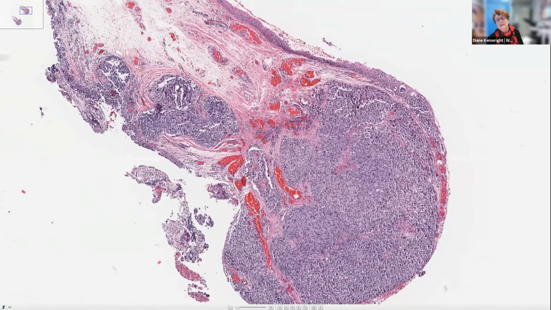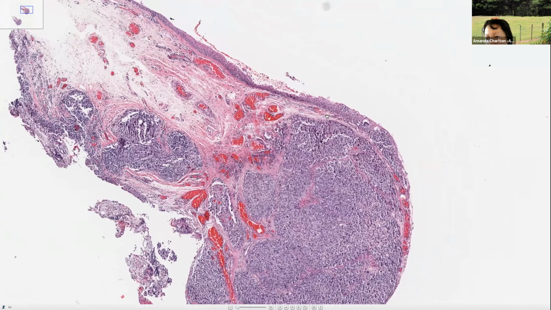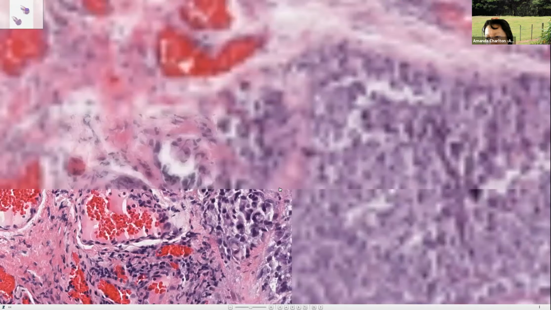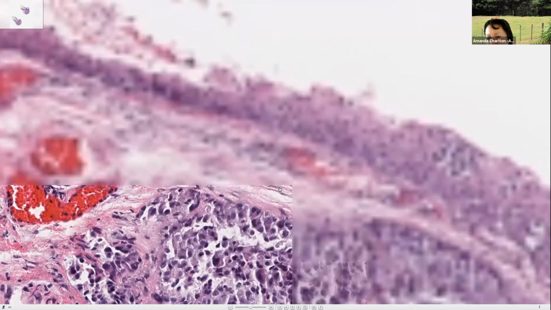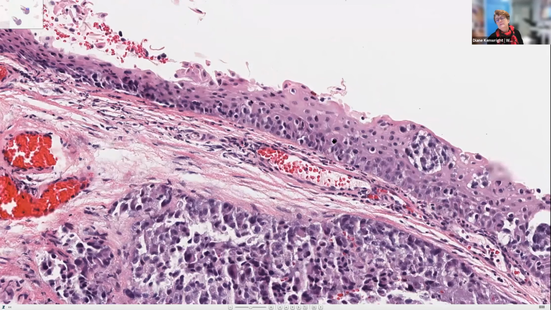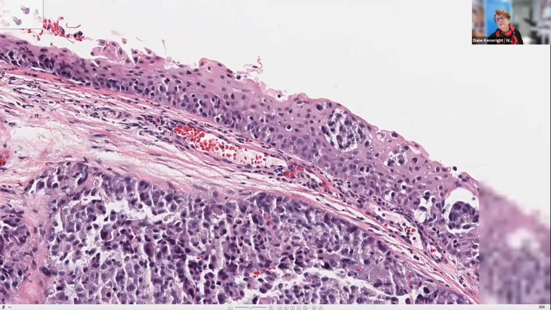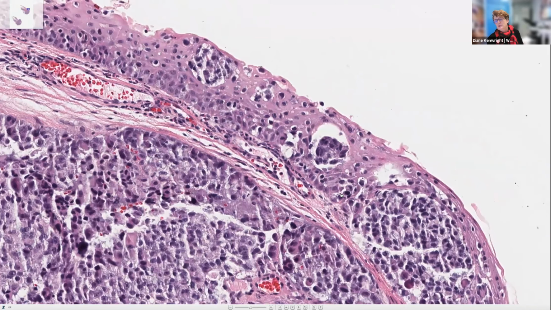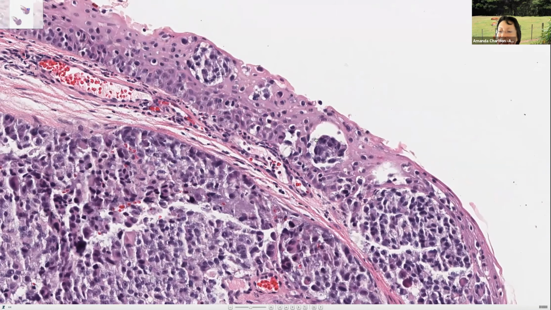The normal glands have gone. Around the edge here, we're getting some really nice pagetoid nests moving up. This is great pagetoid spread, which would indicate that there was associated. Oh, yes. I can see that now.